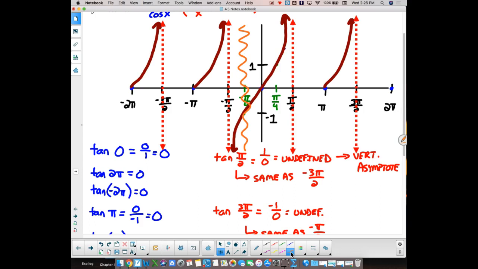Because quadrant 4 runs from 0 to negative pi over 2. Okay?